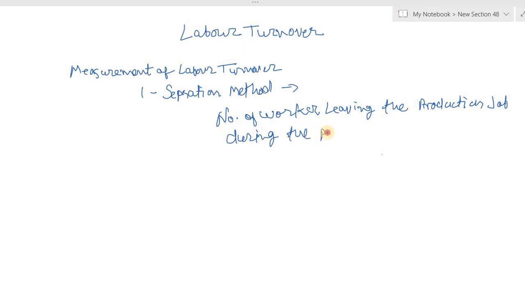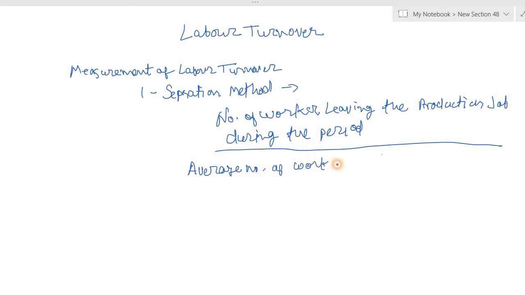during the certain period upon average number of workers in production job during the period, employed on the job during the period.